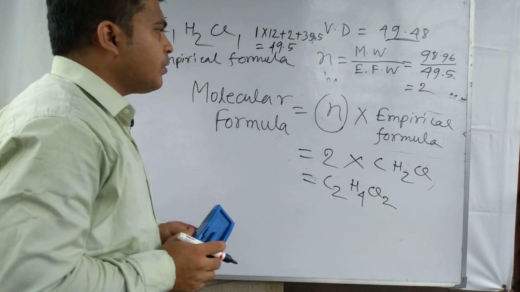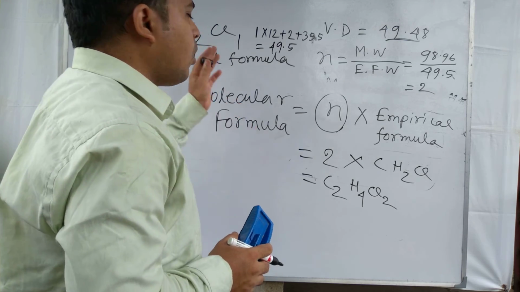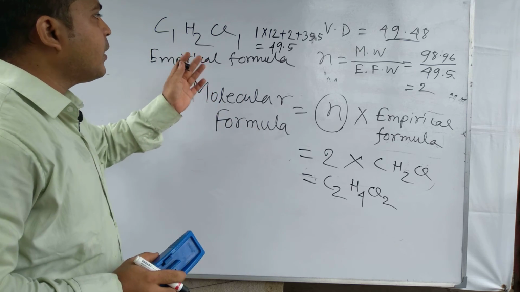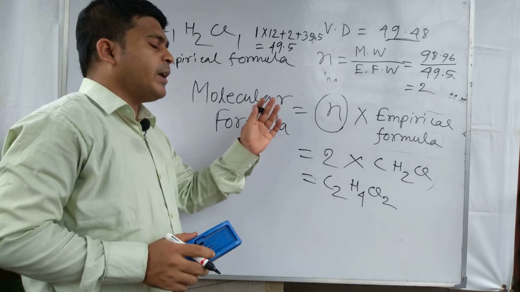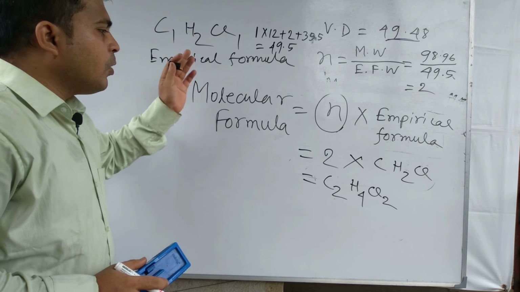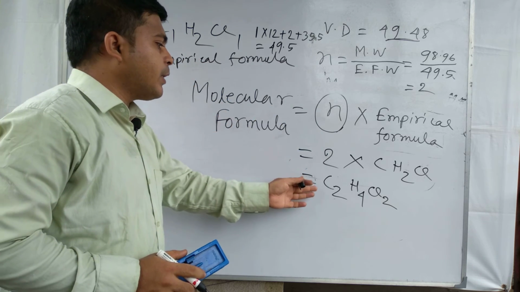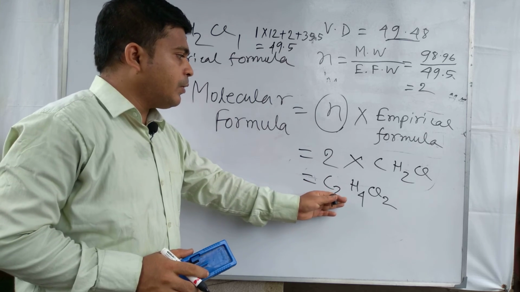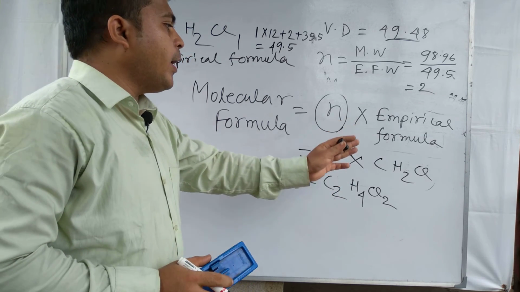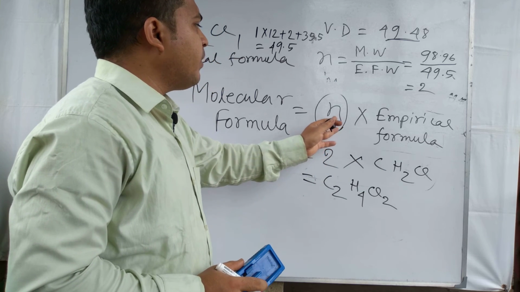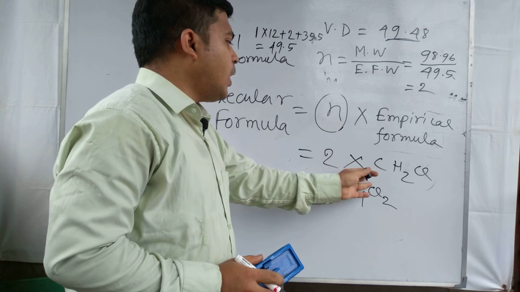C2H4Cl2 is the molecular formula of the compound that was given to us. We get the molecular formula by multiplying by 2, because our determining factor n is now 2.